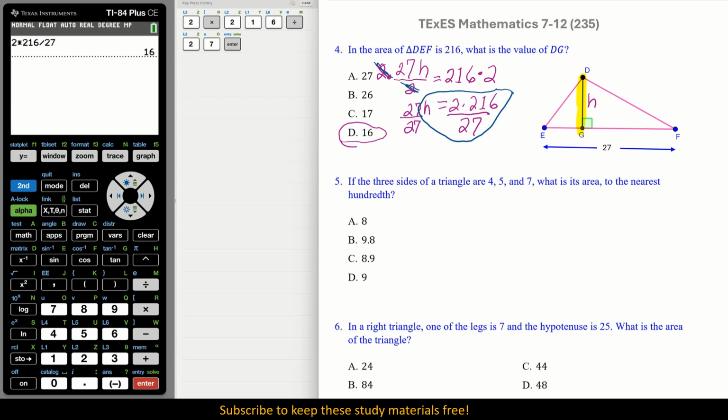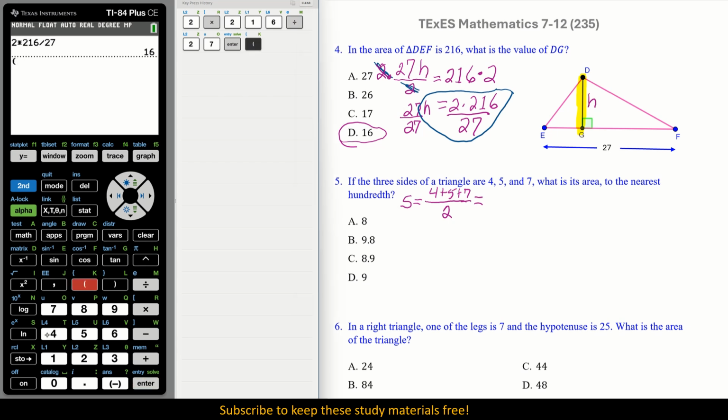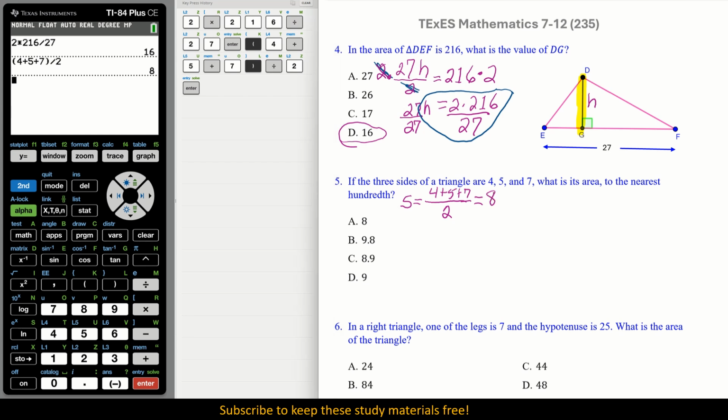So that means first we need to find the value of S. Well, how do we do that? That is done by adding up the value of all the sides and dividing by 2, and putting that in our calculator. Let's use parentheses because of order of operations. 4 plus 5 plus the 7, close our parentheses, divide by 2, and we get 8.